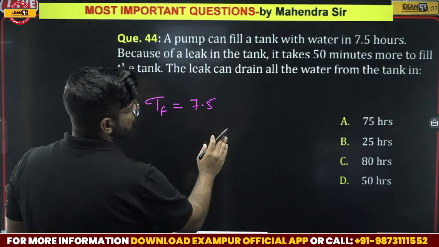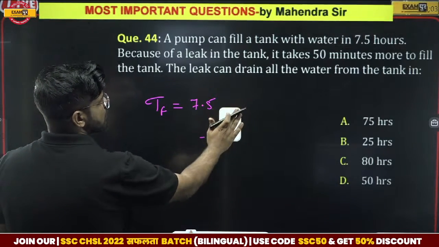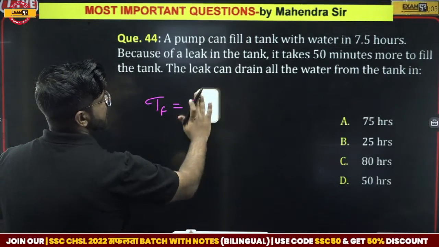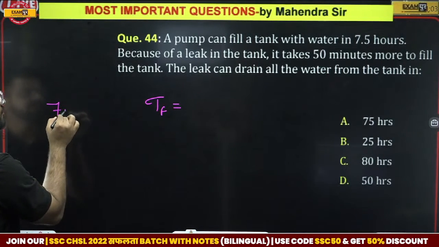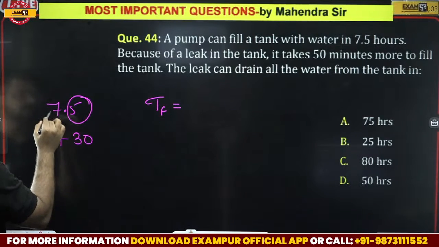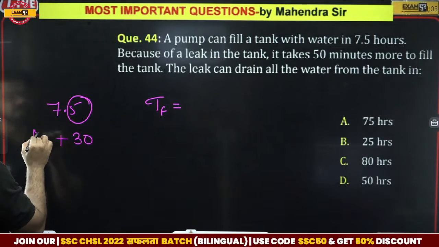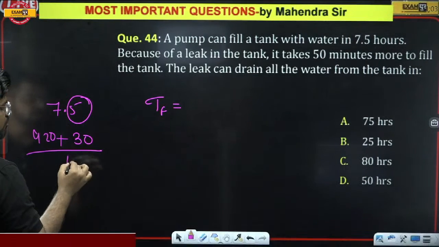So what do we have to do? Can we convert it into minutes? 7.5 hours: you know that this is 30 minutes plus 6 into 7, that means 420, so overall 450 minutes.